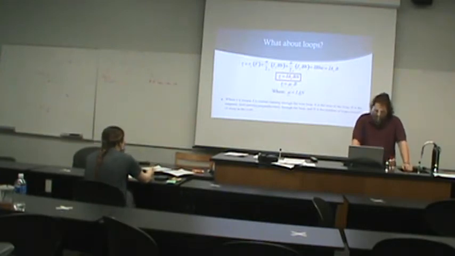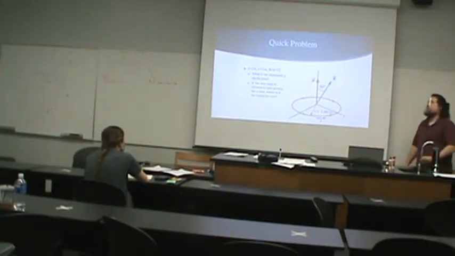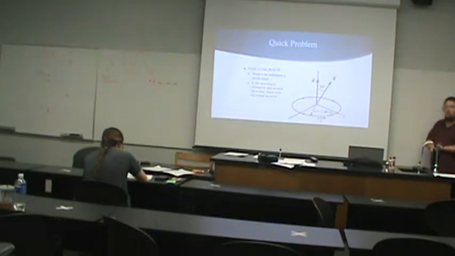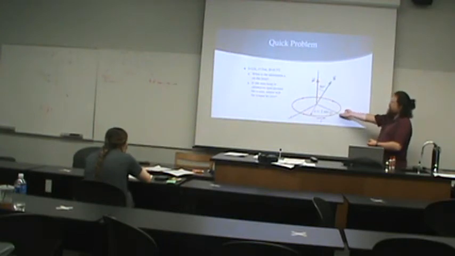So, this is a pretty good mock-up of what we're actually going to build in lab in 2 weeks, 3 weeks. So let's say someone has made this wire circle. It's only one loop, so N will equal 1.